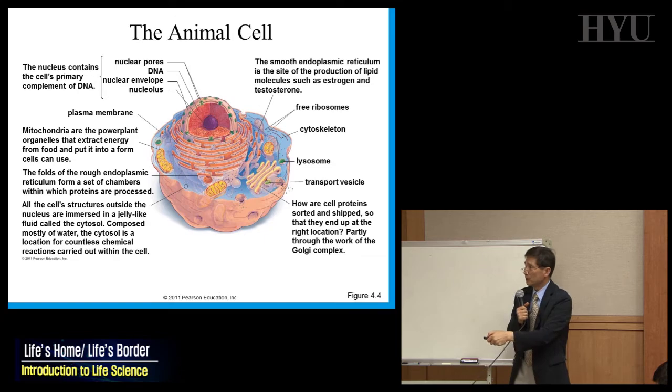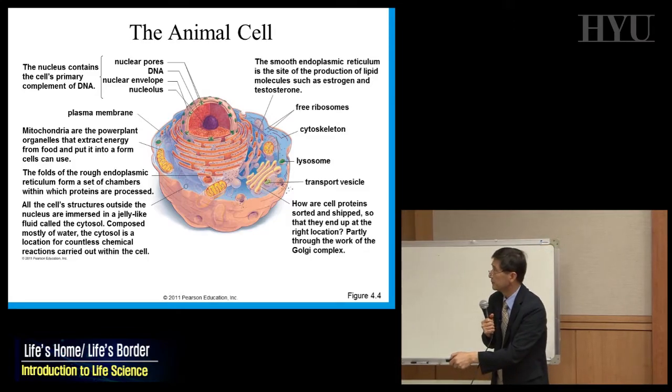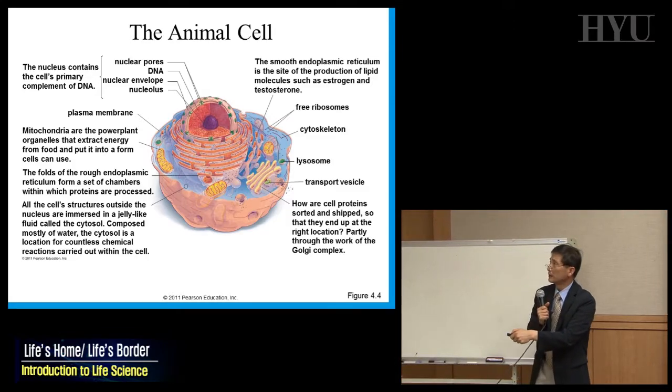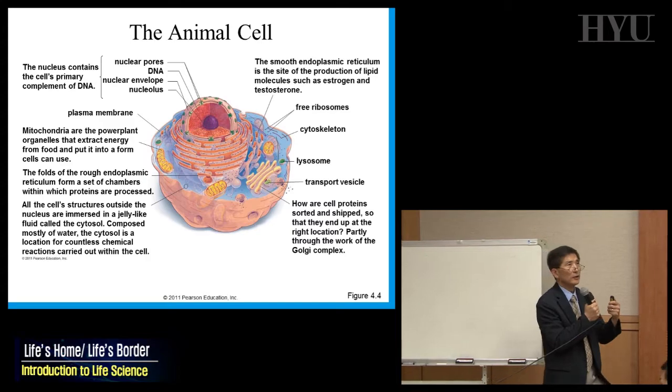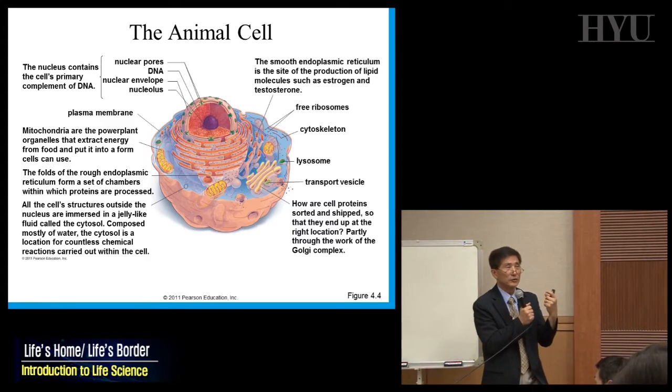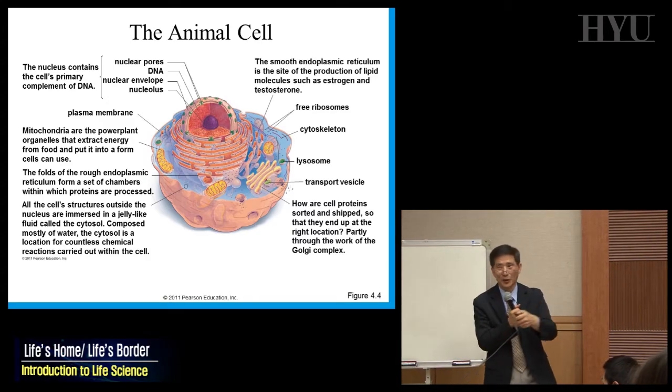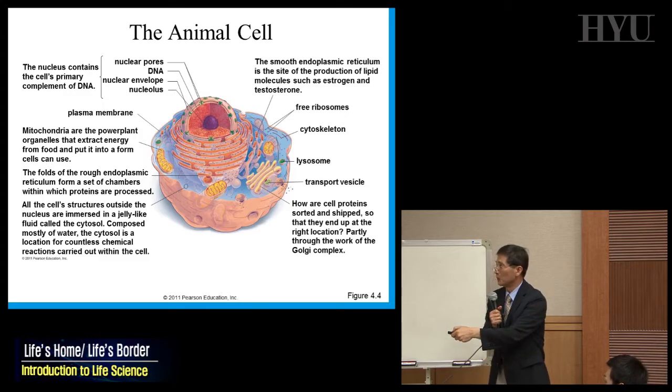There is a membrane structure we call the endoplasmic reticulum. Difficult name. In short, we call it ER, like emergency room. No, not that, but just for you to remember.